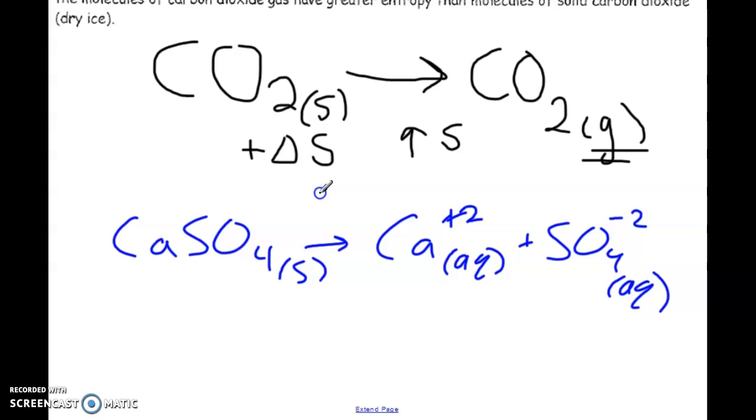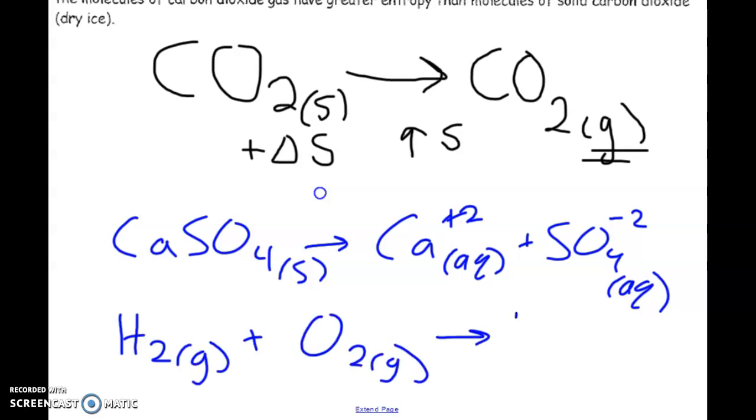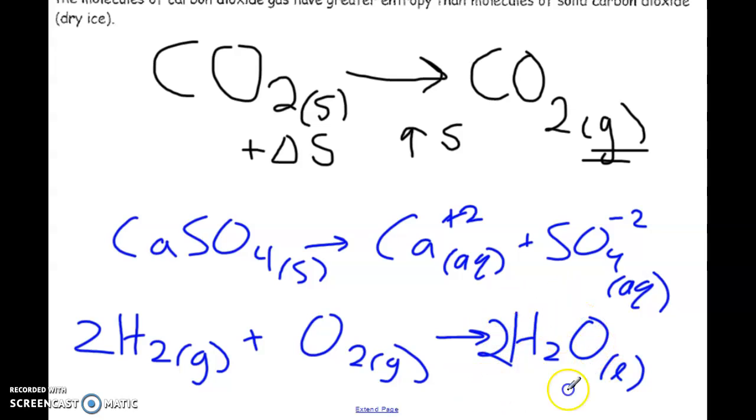Now, if I have a chemical reaction that involves various things, let's say we have the formation of water. Here we have actually less movement on the product side.